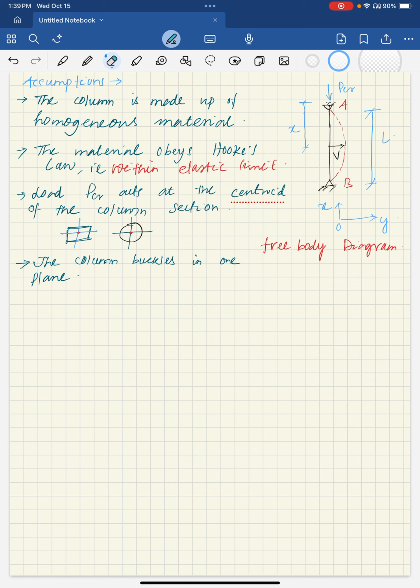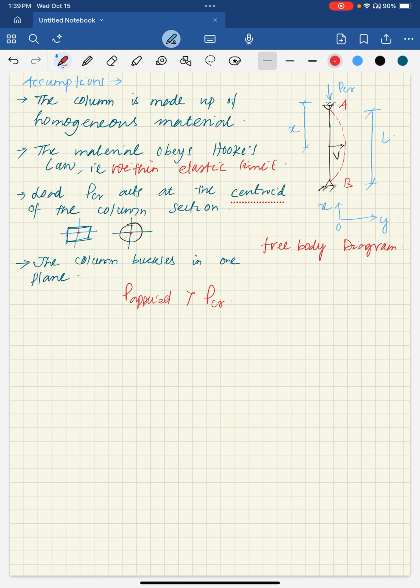So if the applied force P is greater than PCR, then only you will be able to see the deflected shape. The deflected shape is the red dotted line. So when the applied compressive force on a column exceeds the critical value of the load, then only you will be able to see the buckling shape.